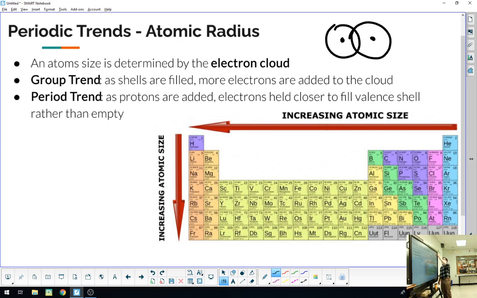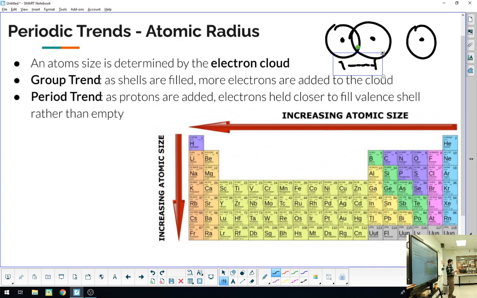Here's the nucleus of one and the nucleus of the other. When it's chemically bonded, they're sharing those electrons. And so what we found out is if we measure this space right here between the two nuclei of two atoms, we can say that half of this distance is the size of one atom.